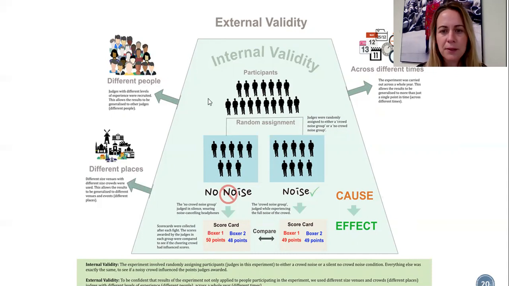They recruited people to be the judges that varied in their experience in being a judge so that they could be more confident that the results would generalize to different people. And then finally, they had the experiment carried out over the course of a year so that they could know that the results would generalize not just to that one point in time when they did their experiment, but more likely generalize to multiple points in time.